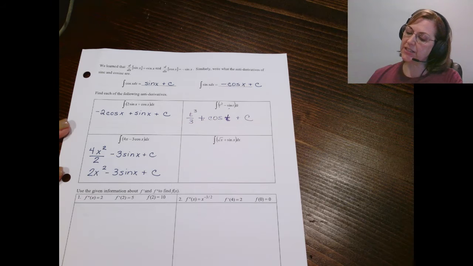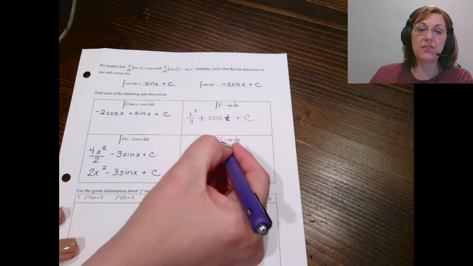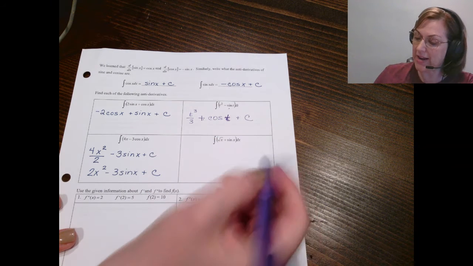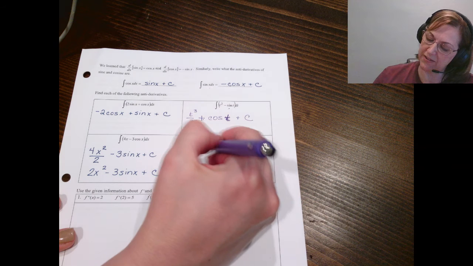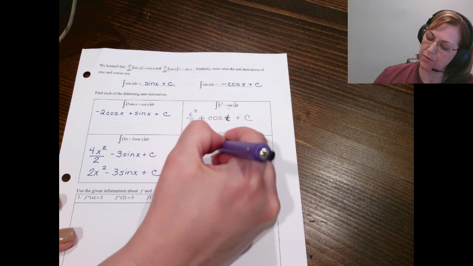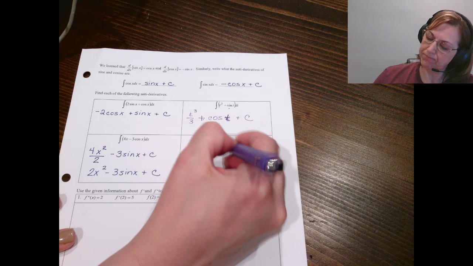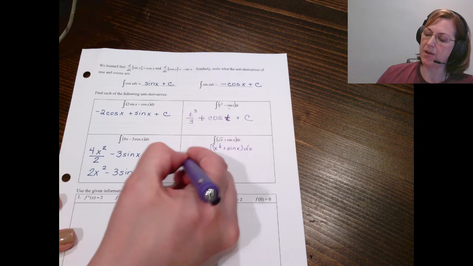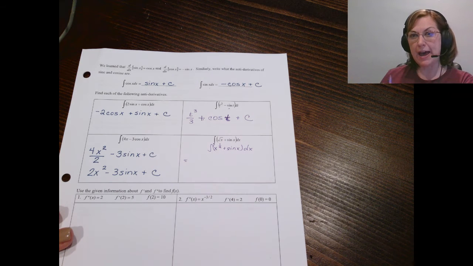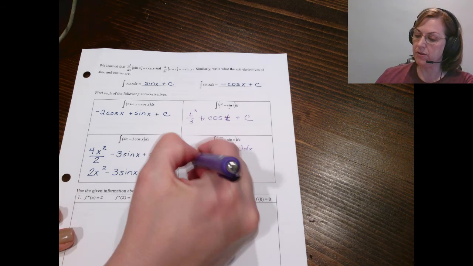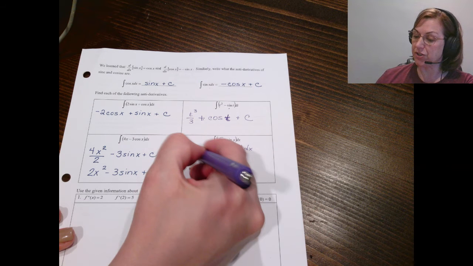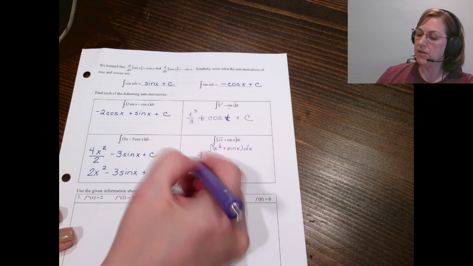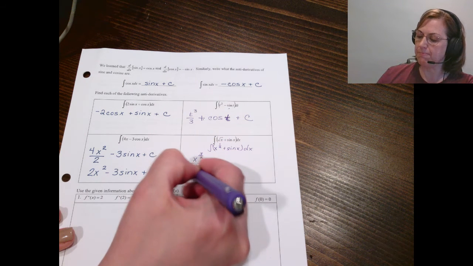Okay, let's look then at the antiderivative of x to the 1/2. That's how I want you to think of the square root of x. So we're going to increase that power by 1. So 1/2 plus 1 becomes 1.5, which is 3/2. Divide by that new power.